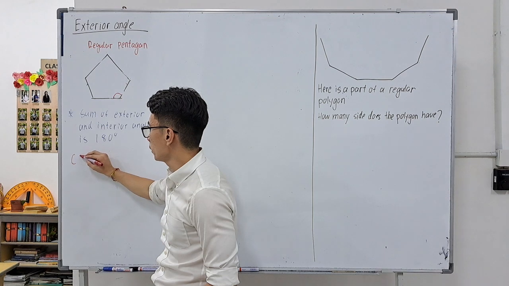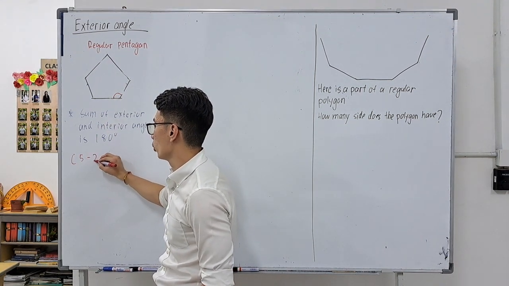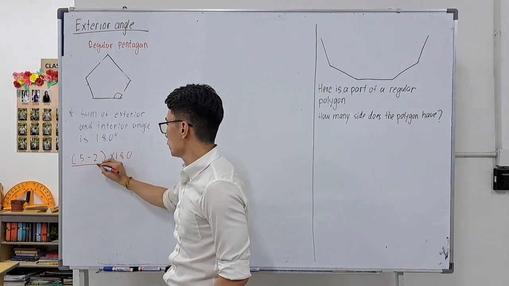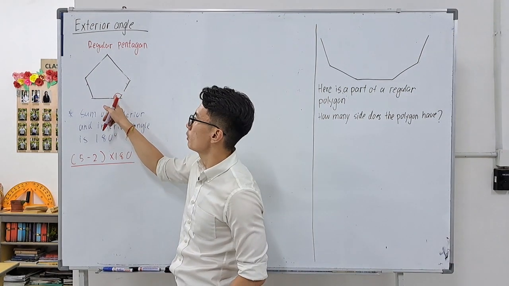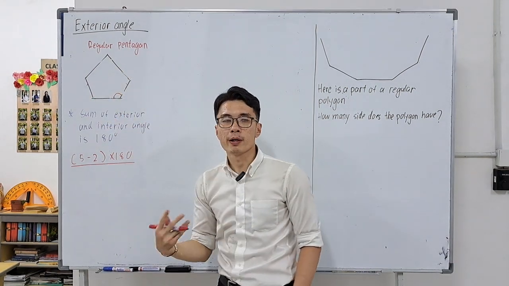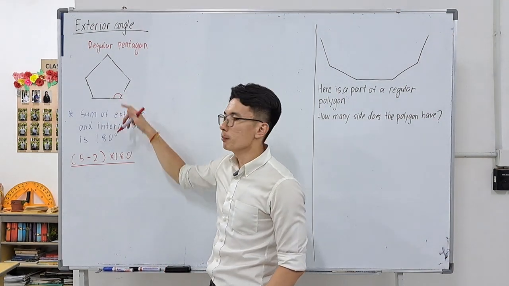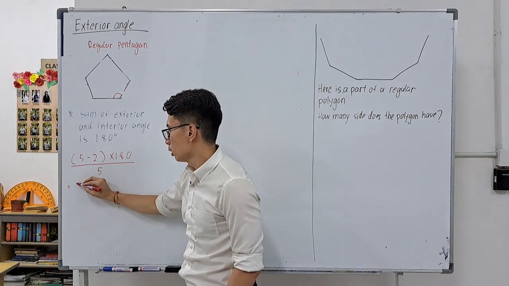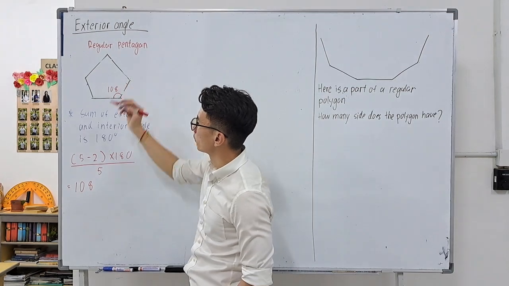Each interior angle is equal to how much by the following calculation. This one over here is giving me the total interior angle of a pentagon. But since I am only interested in one of them, I'm going to divide everything by 5. And by right, you should get 108 over here.